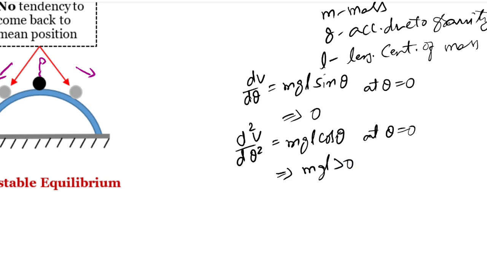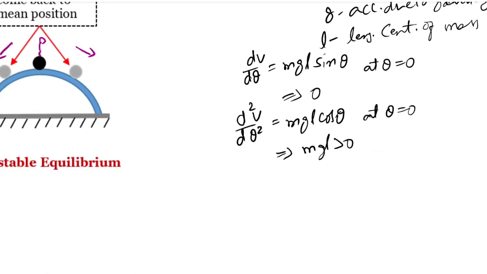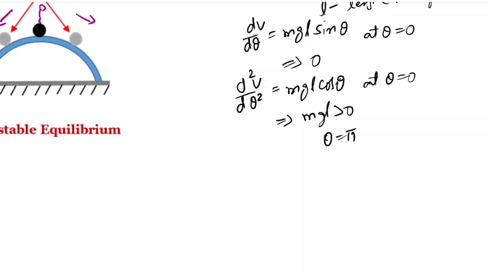However, we need to look at the top, at theta is equal to pi. At this position, d squared V by d theta squared will yield a negative value, that is minus mgL, less than 0, indicating a local maximum.